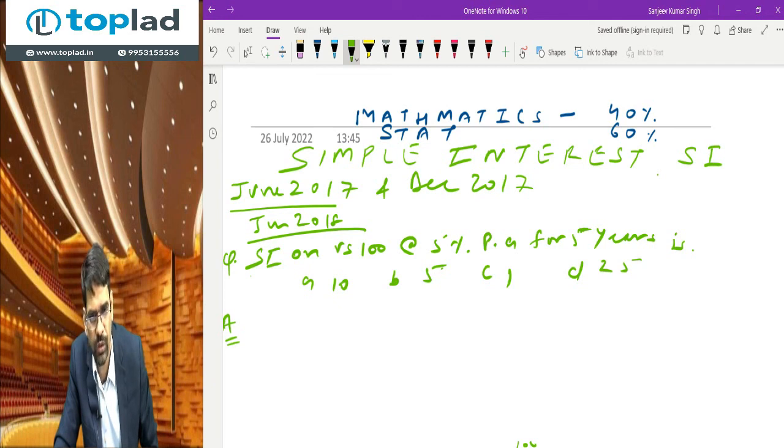I will solve this question for you, because this question gives you 2 marks and at least 3 questions are asked from this chapter. It means you get 6 marks. Each and every question, each and every chapter is important.